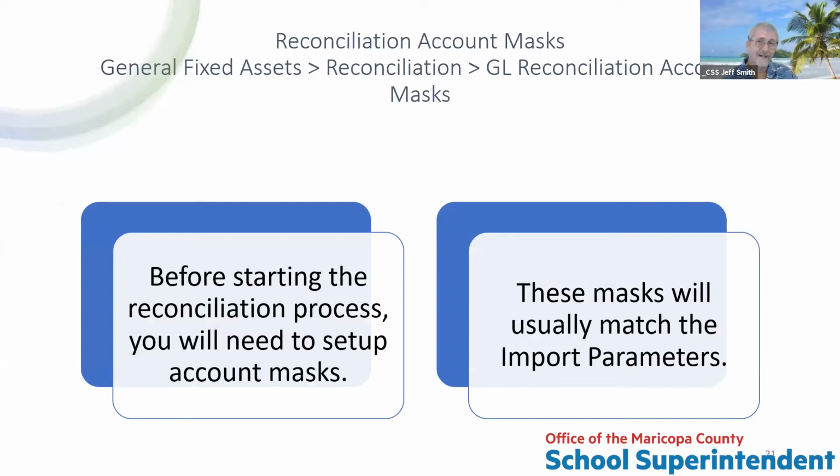So before you start your reconciliation, you'll want to set up some masks under reconciliation, GL reconciliation account masks. Usually these will match what your import parameters from purchasing and payables are. They don't have to match exactly. They can be similar.